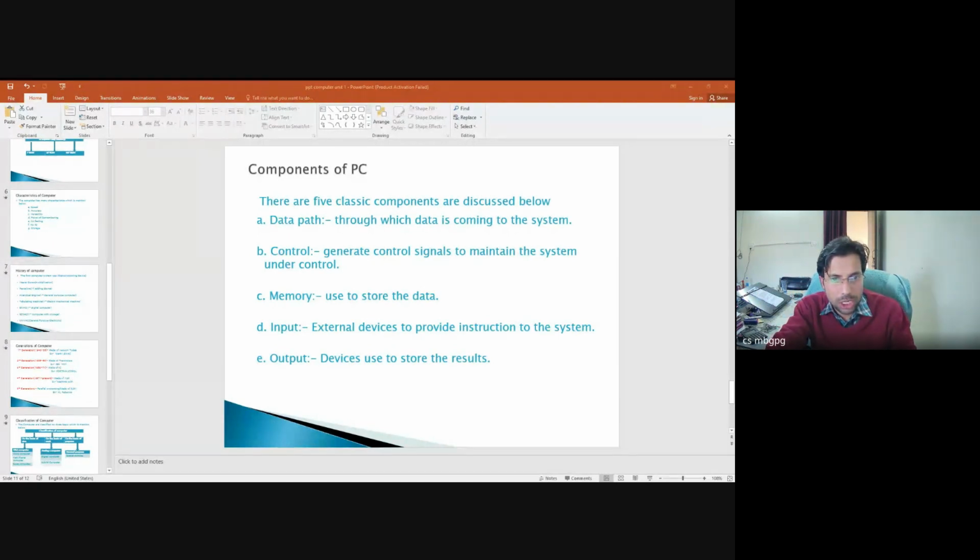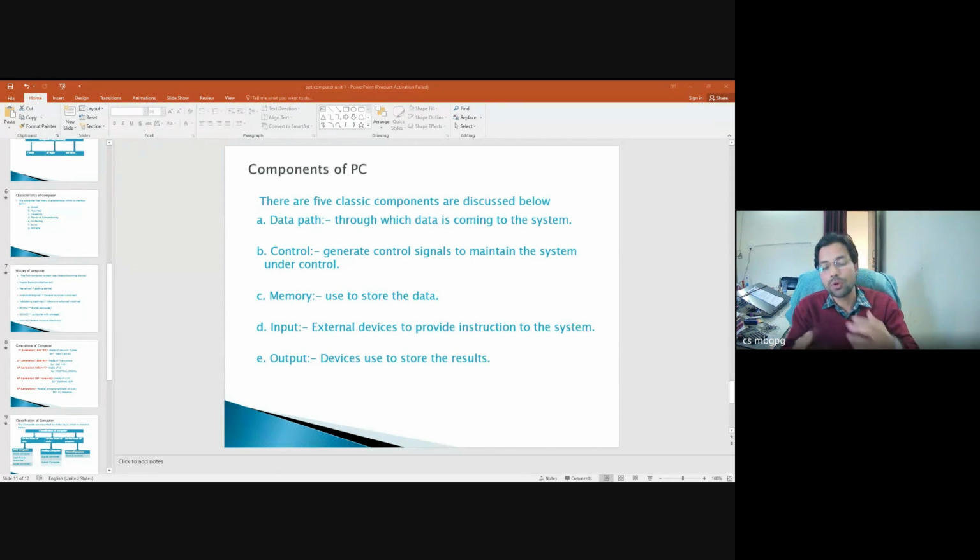There is one question: in which storage is the operating system stored? The operating system is initially stored in your secondary memory. After the booting process, the power on self test, when you switch on your system, the computer hardware checks itself that all the hardware parts are properly connected or not.